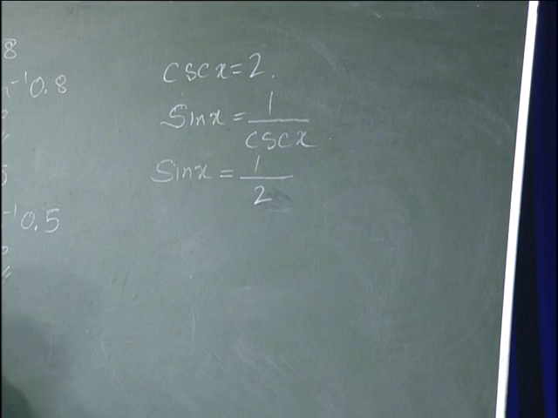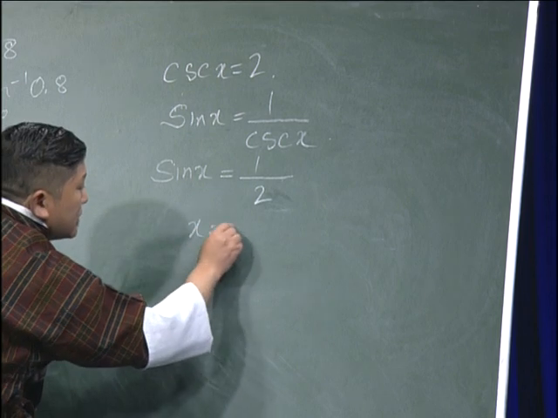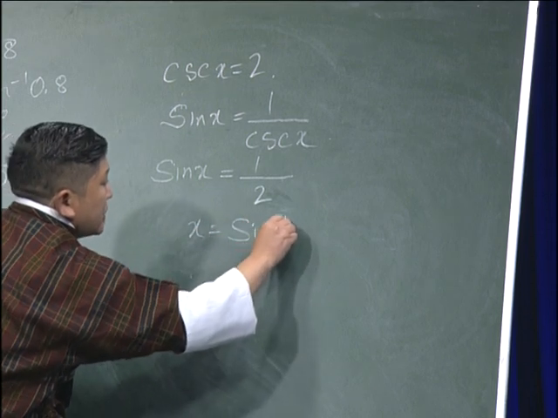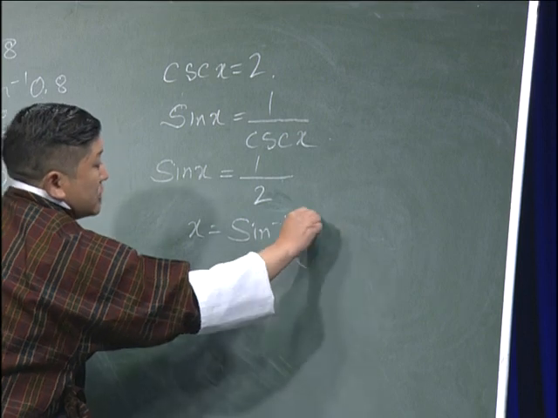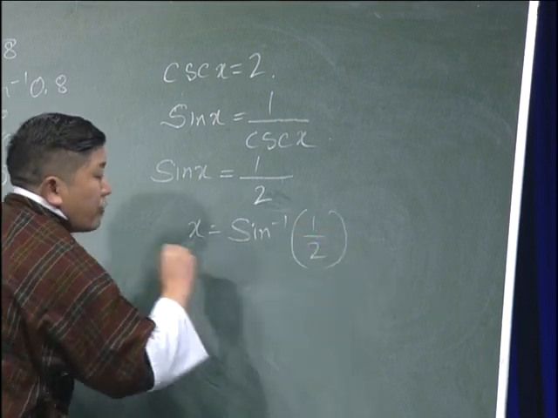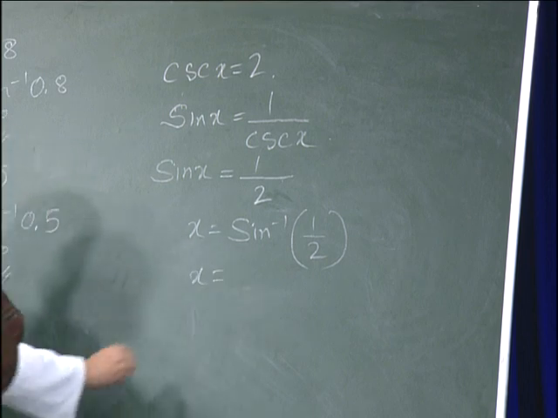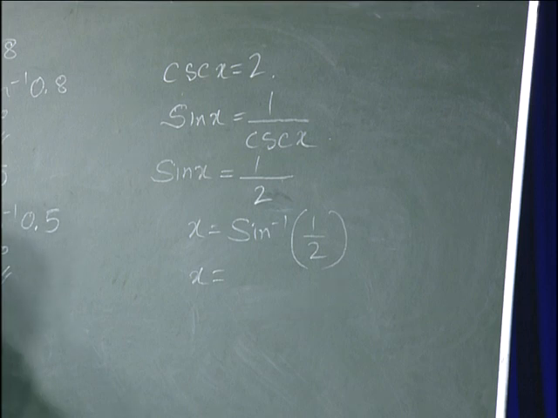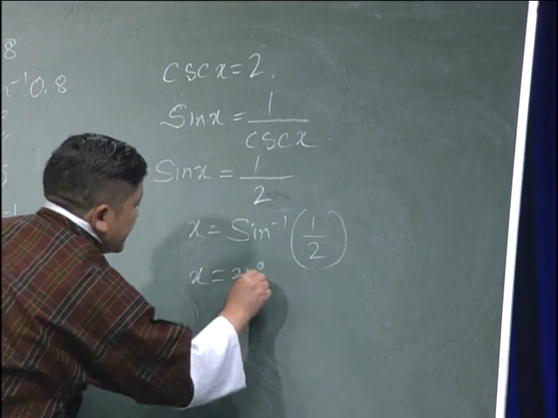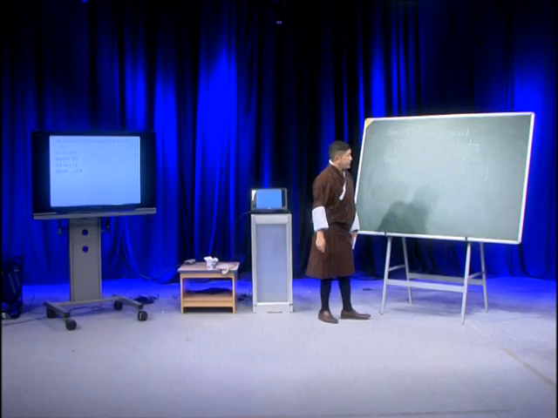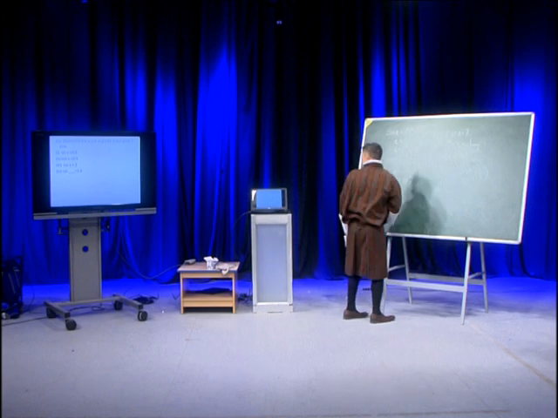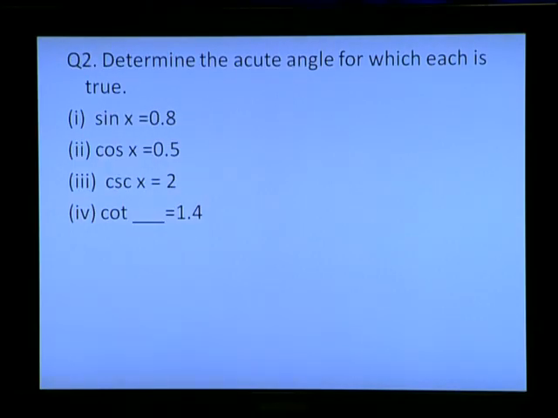Then you will follow the same step. So angle x is how much? Sine inverse of 1 over 2. It's better when you put these fractions in brackets. Then angle x is coming as 30 degree. So this is how it is. Then the last question that we have is cot of dash is how much?